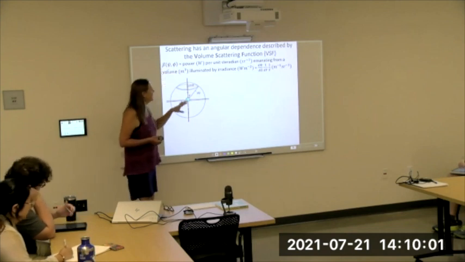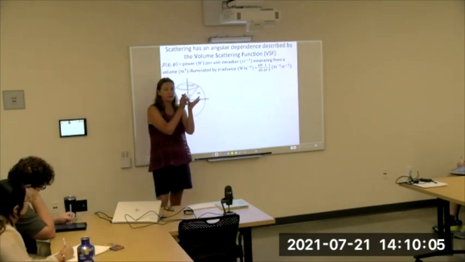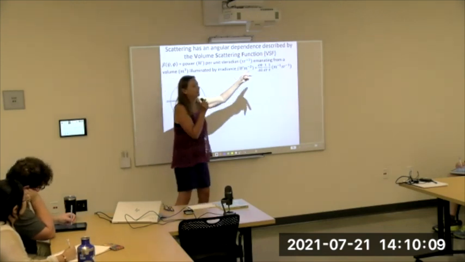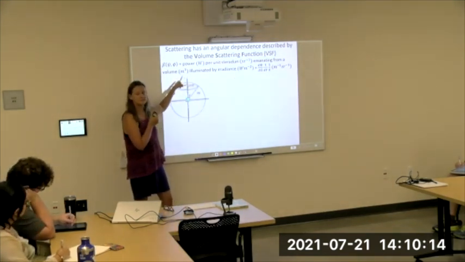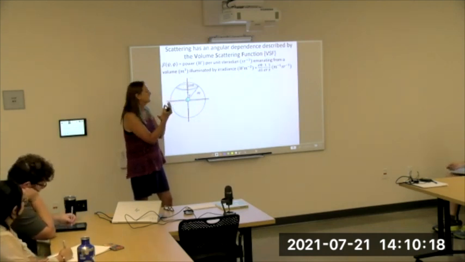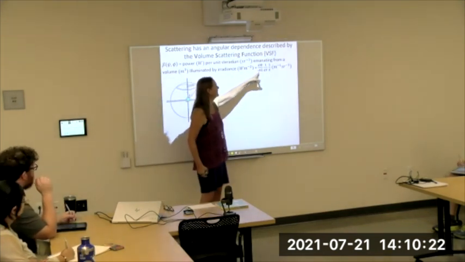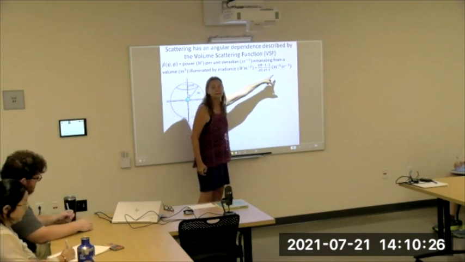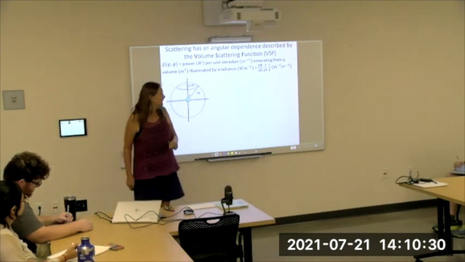And it's defined as the power per unit solid angle emanating from a volume, I'm giving you the units, illuminated by some irradiance. So the power per solid angle, per unit volume, per irradiance that's incident on this volume. It looks like this.